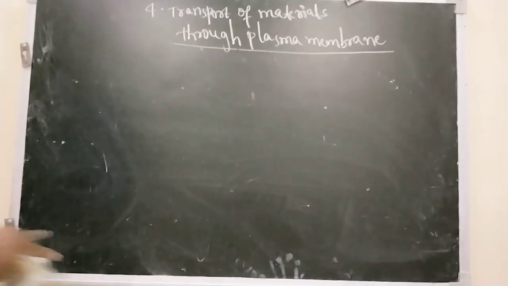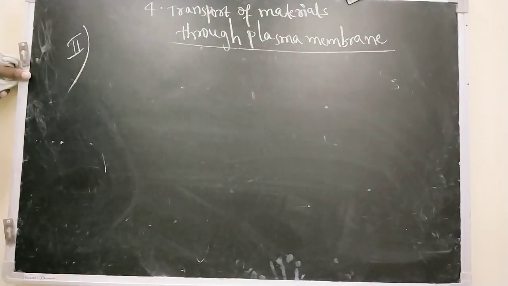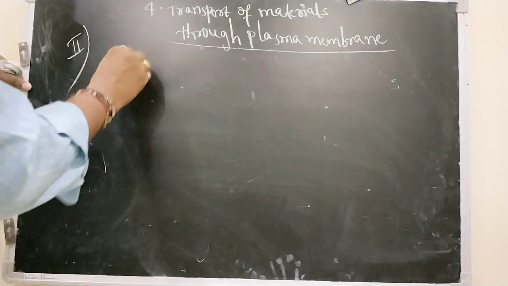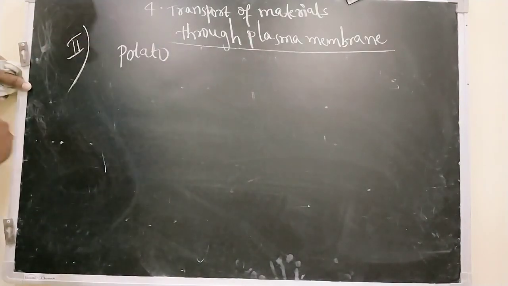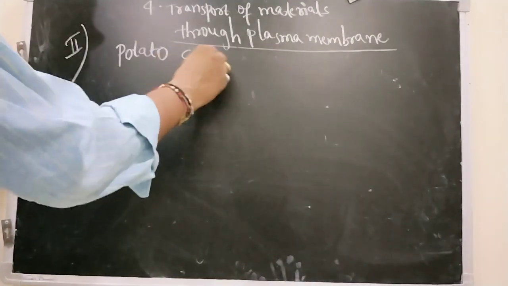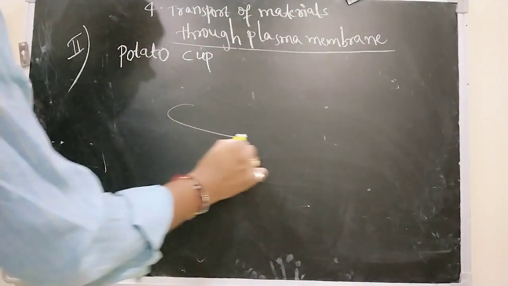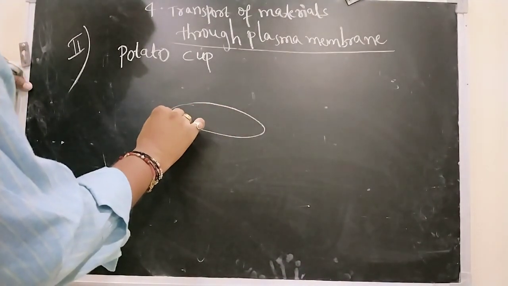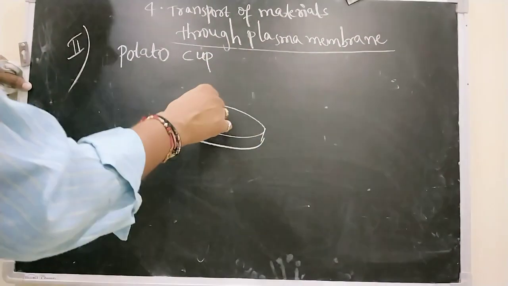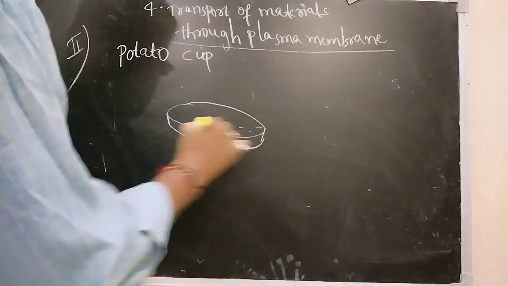Next, activity with a potato cup. Second activity. For this we need a potato, and we have to cut the potato in a cup shape, a potato cup, and take a petri dish. In this petri dish, we have to take normal water.